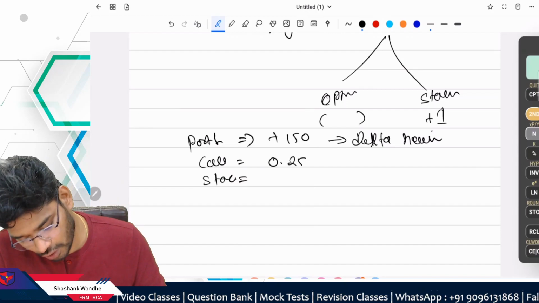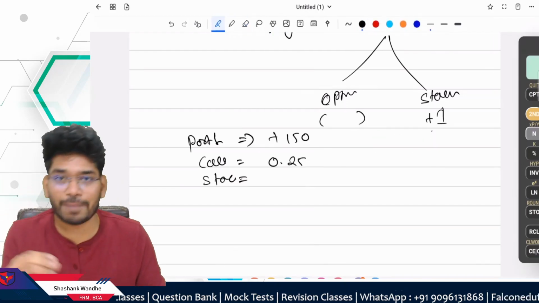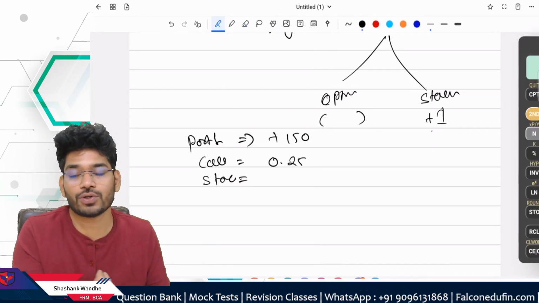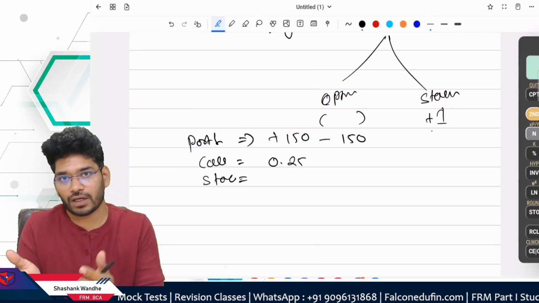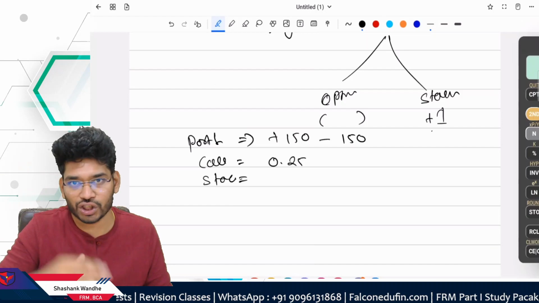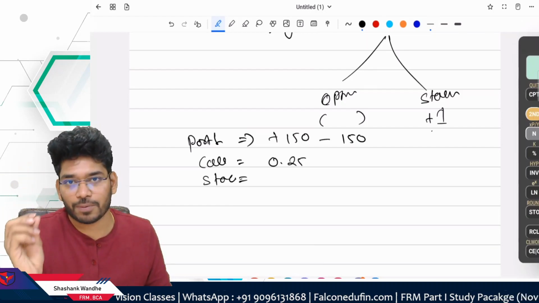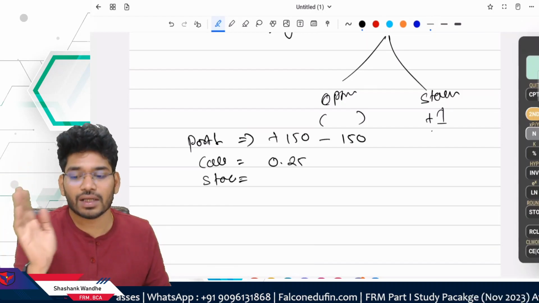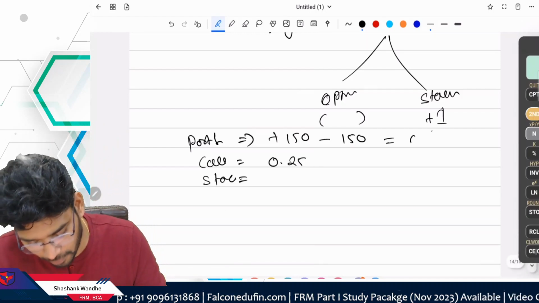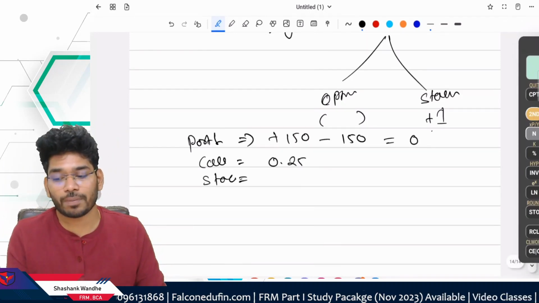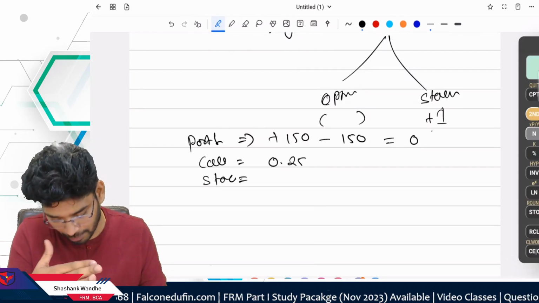So what we have to do is introduce new delta with the opposite sign. We know the portfolio's delta is simply a summation. So if we have the position delta 150, simply introduce -150 and the total delta of the portfolio will be 0. Simple.